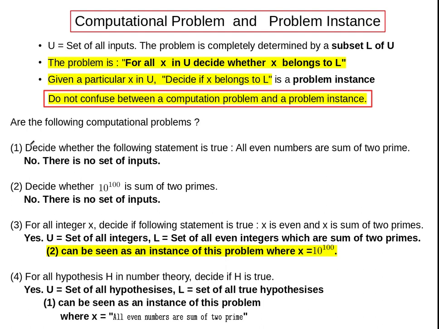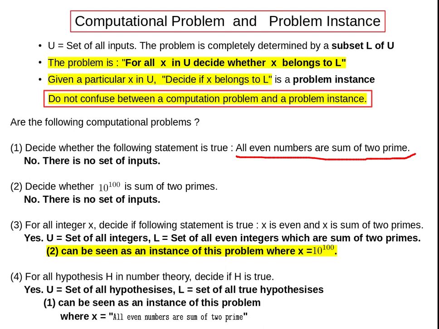Now if I ask you to decide whether this statement is true, that all even numbers are sum of two primes, is it a computational problem? You see "for all even numbers" and instantly jump to the conclusion that it's a computational problem. That's not the case. What is the set of inputs?